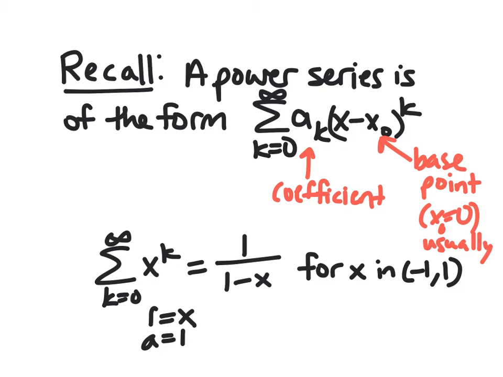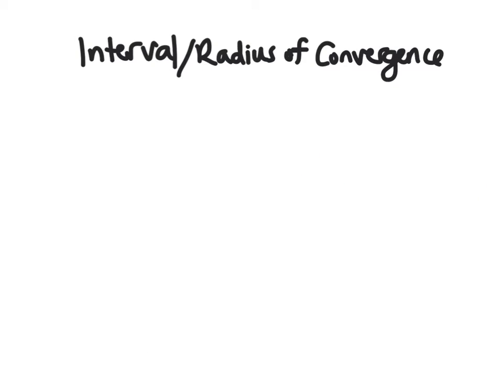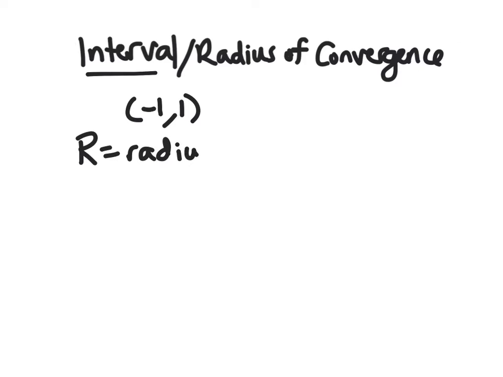So basically, this is a way to represent this function with an infinite polynomial, but it's only accurate on this interval. Now let's talk a little bit more about the interval or radius of convergence. On the last one, the interval of convergence was -1 to 1. In general, it's more common to find what we usually represent by capital R, the radius of convergence.